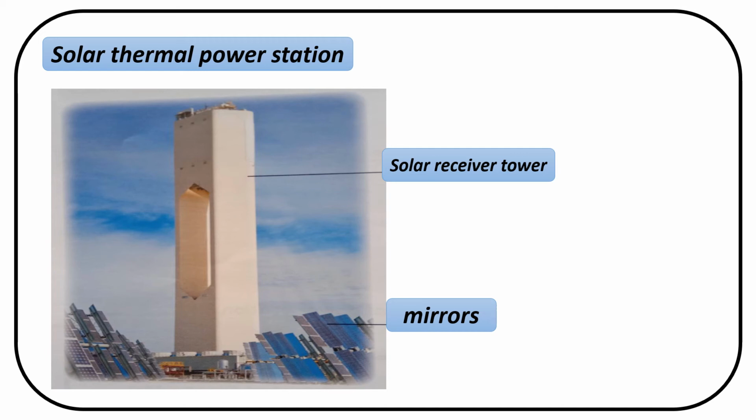When water is heated to a high temperature, it will produce steam. So that steam from water is used to spin the turbines in the generator to generate electricity. Okay? Very good.